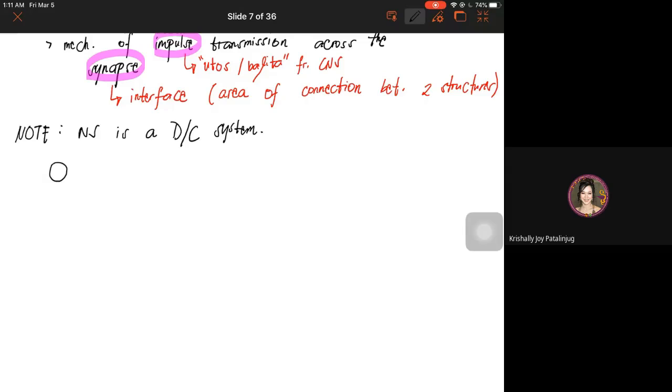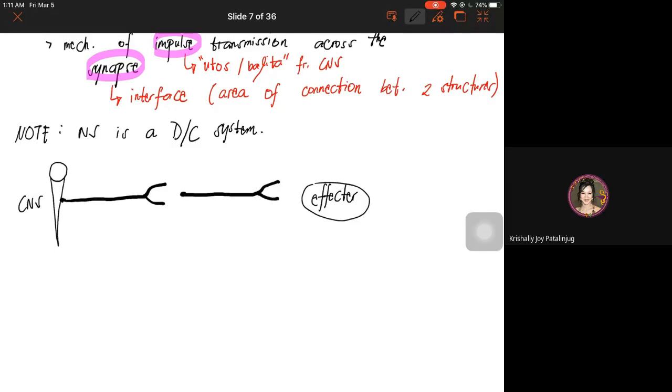If this is the CNS, and then the effector organ, under the ANS, using the skeletal illustration, we can understand this discontinuous system observed in the nervous system.